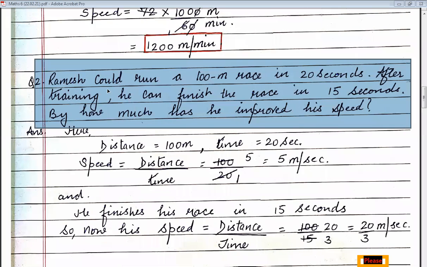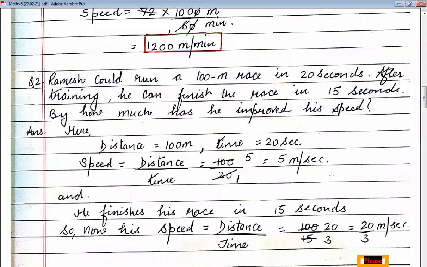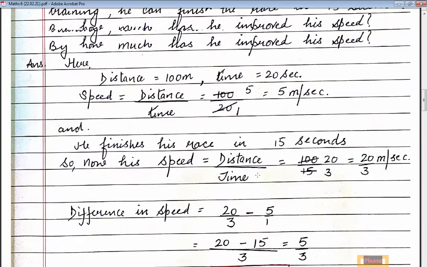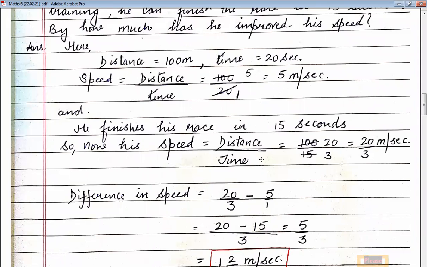Okay, students. So now your first speed was 5 meter per second, and the second speed was 20 upon 3 meter per second. So let's find out how much he has improved. So you have to subtract these two, because this is your first speed and this is your second speed.